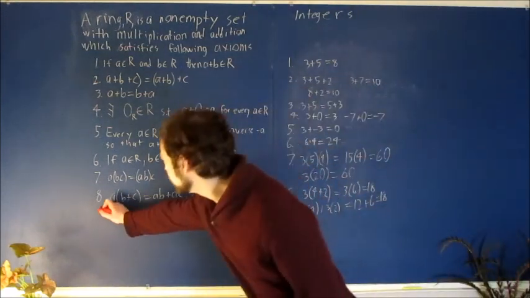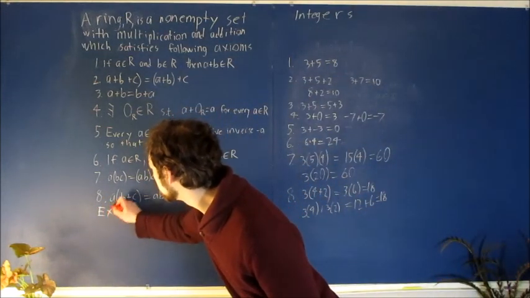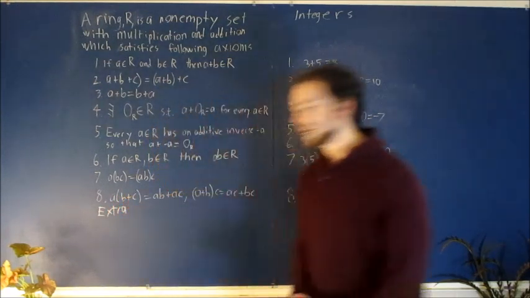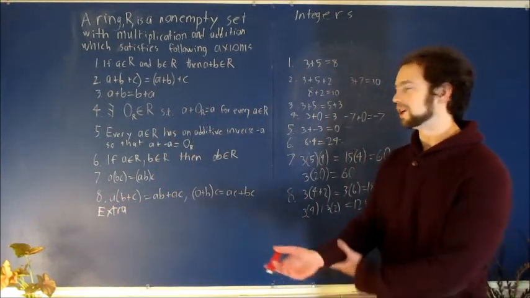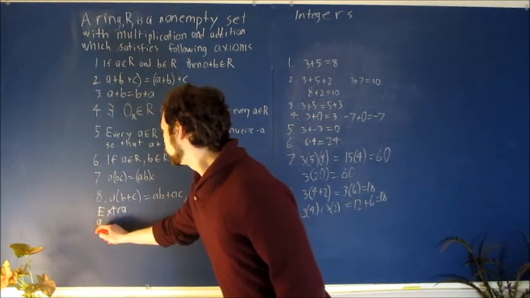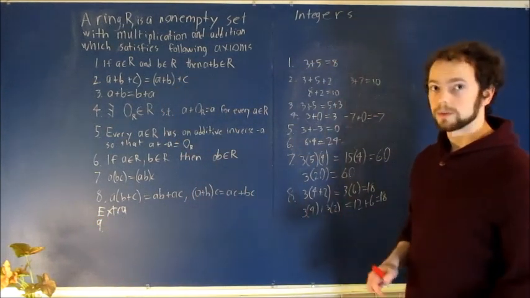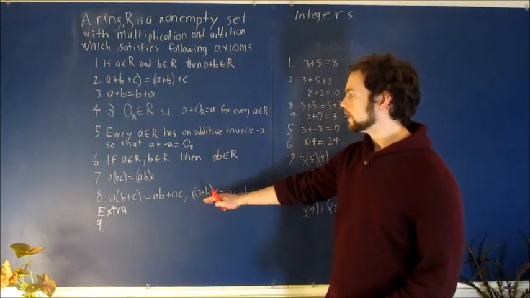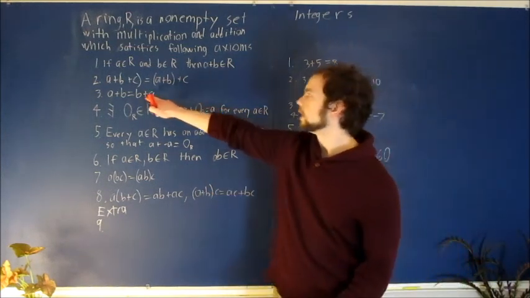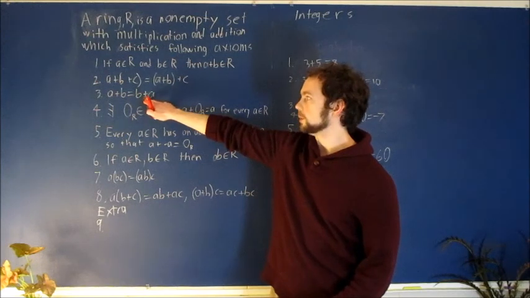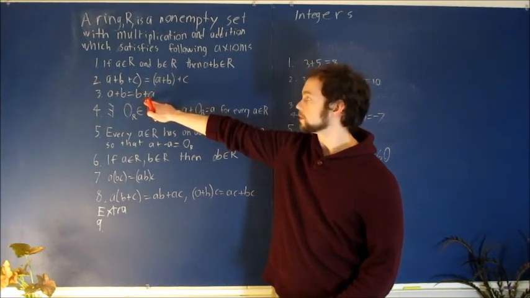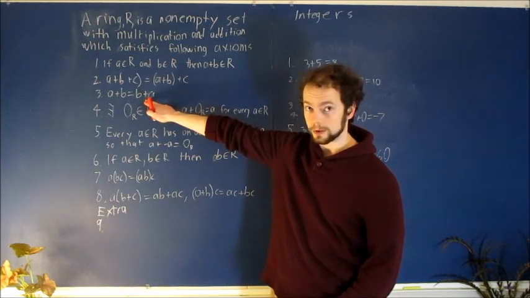I'll call this extra. One extra thing that the integers have, which was not listed here, is that the set of integers isn't just commutative with respect to addition, but it's also commutative with respect to multiplication too.